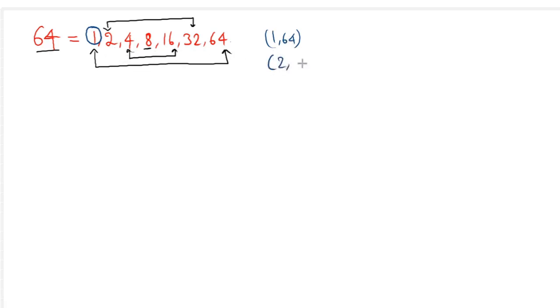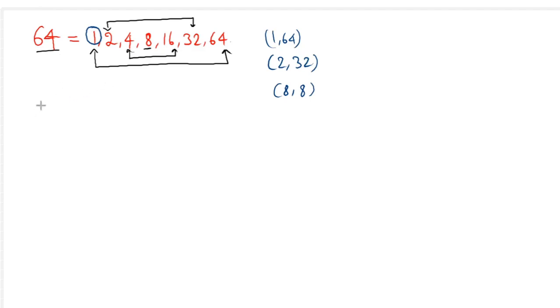Similarly, if 2 is a factor, then 32 automatically becomes a factor. And similarly for 8, if 8 is a factor, then another 8 will be a factor. So this idea can be explored, and this will make the solution more efficient for checking prime numbers.